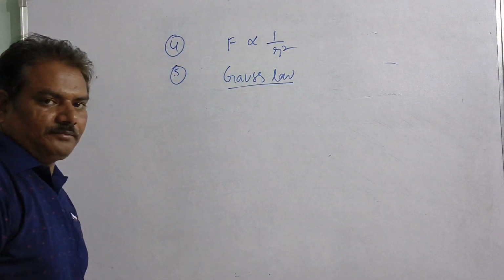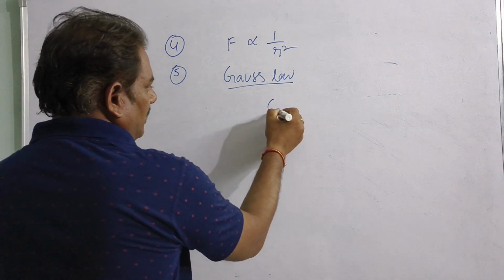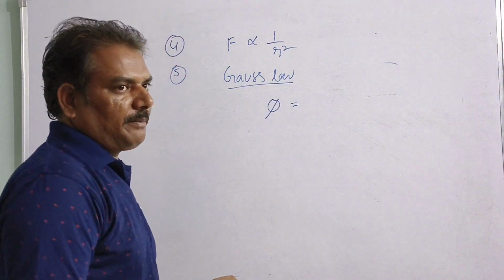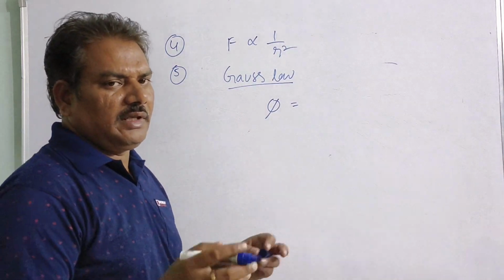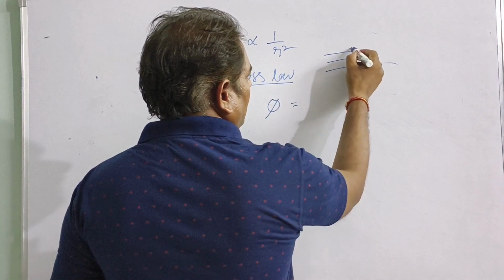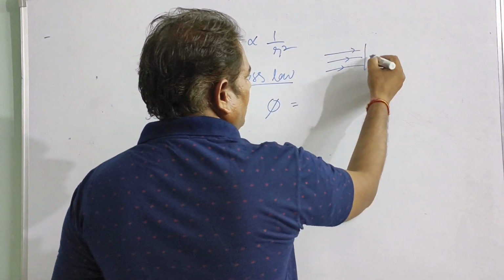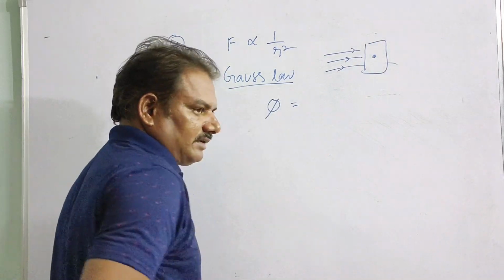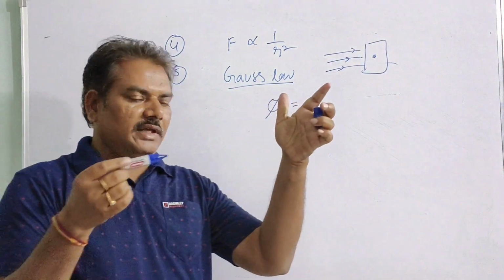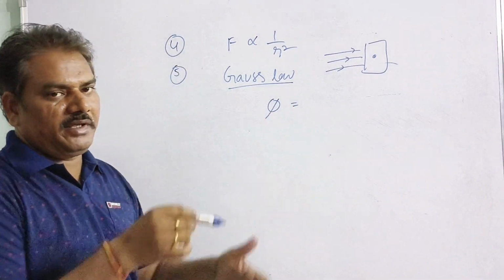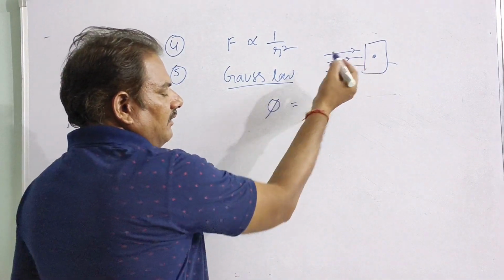So Gauss law: the total flux passes through any closed surface area perpendicular to its plane. Simply, the number of lines passing through any surface area and perpendicular to its plane is called the flux.